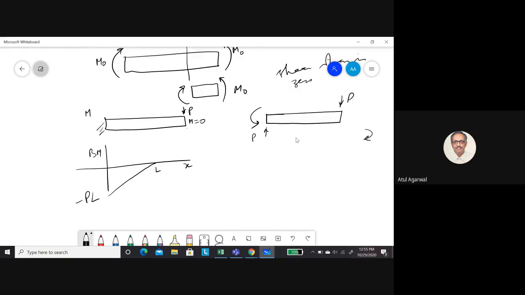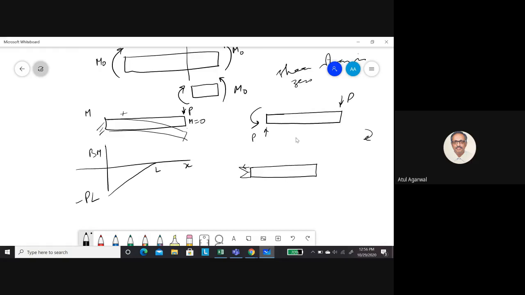So do you expect any stresses on this face? So you see this is going like this. So you are having tension here, compression here. So you have a tensile stress here. Sorry, I have drawn it wrong.